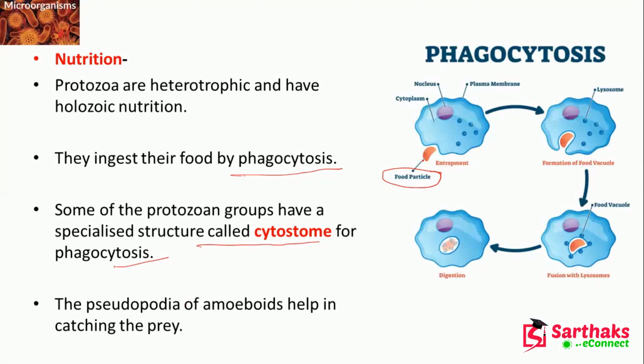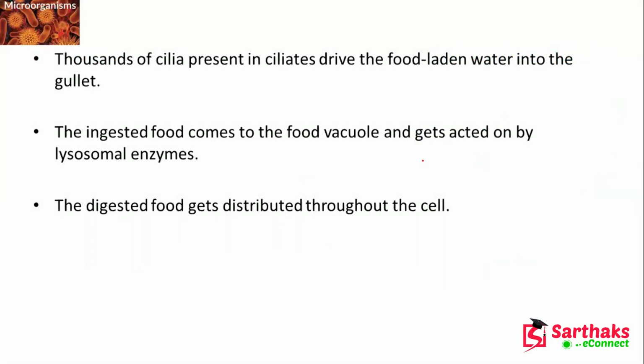Thousands of cilia present in ciliates drive the food-laden water into the gullet, and the ingested food comes to the food vacuole, where it is acted on by lysosomal enzymes, and the digested food gets distributed throughout the cell.